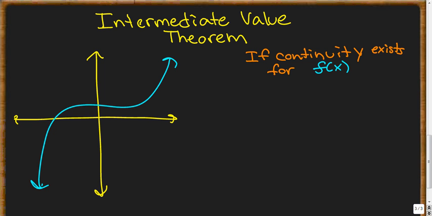That if we pick 2 points, so I'll pick this point here, and I'll pick this point here. What it says is that there has to exist a point in between these two that has a y value that is in between the y values of these two.